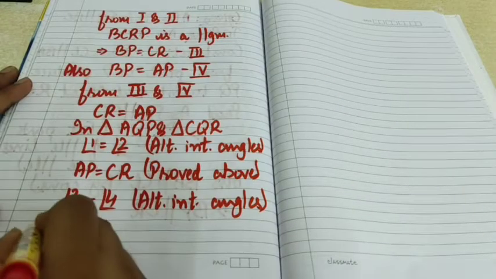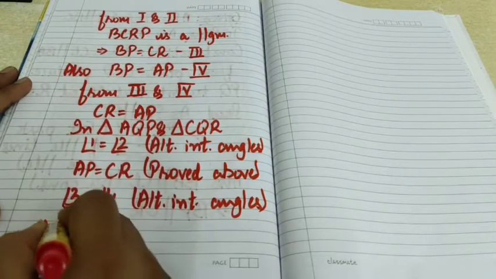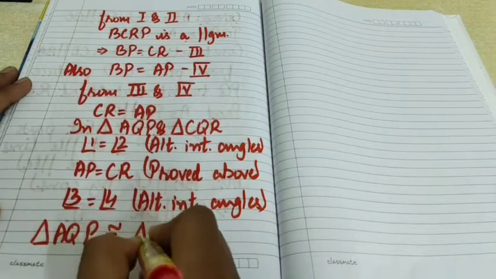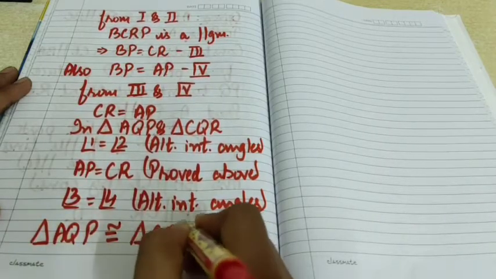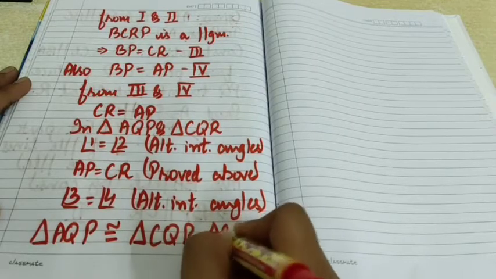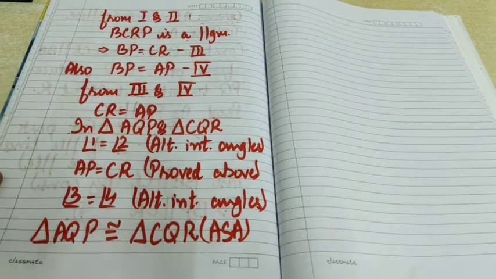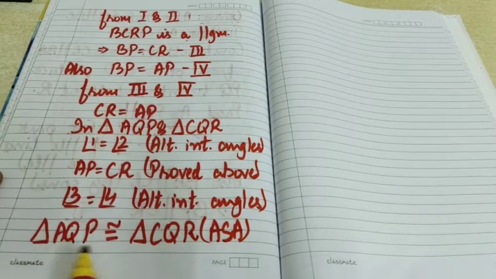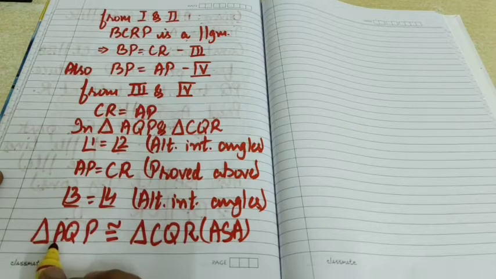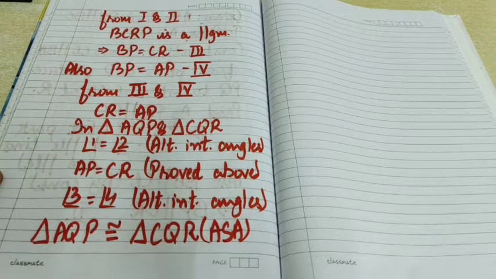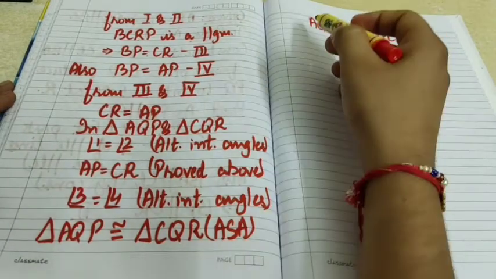So triangle AQP is congruent to triangle CQR by the ASA congruency criterion. And if these two triangles are congruent, then we can write that AQ is equal to CQ by CPCTC, and this is what we had to prove.